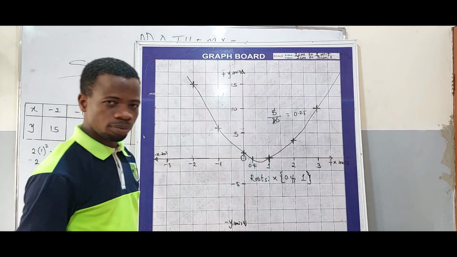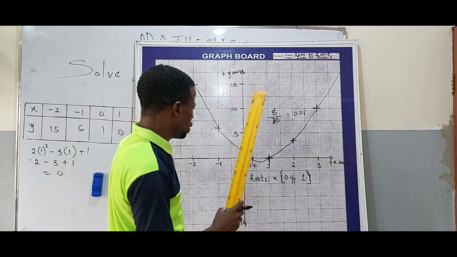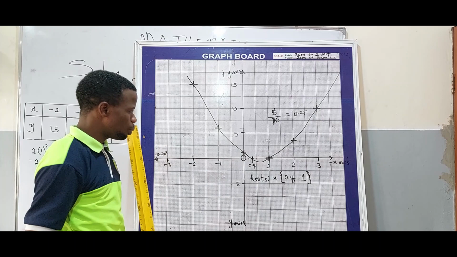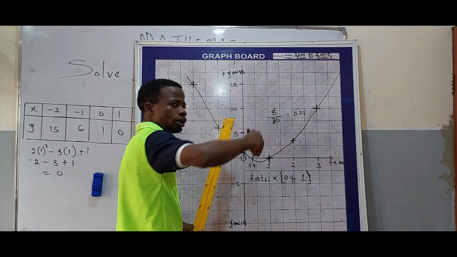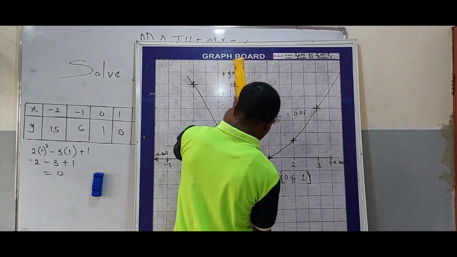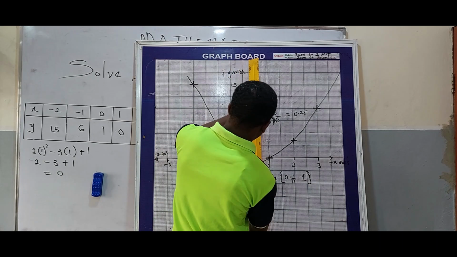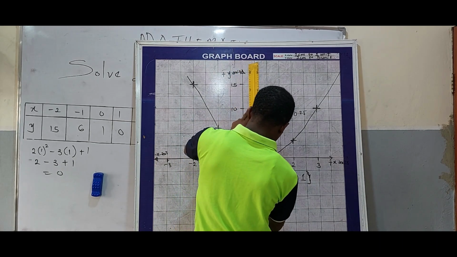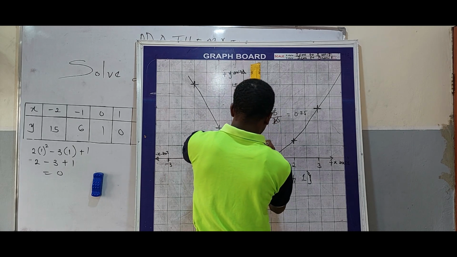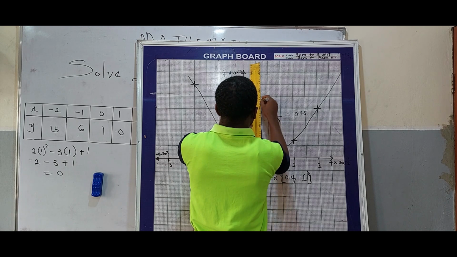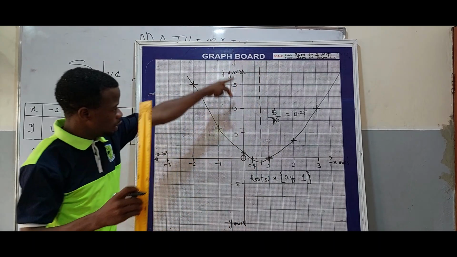0.4, 1. Now, if you have to get the axis of symmetry, the axis of symmetry is the turning point where your curve is turning, where the parabola turns. So where is it turning? It turns here for me. The axis of symmetry will be this. Draw a straight line up. So this is the axis of symmetry.